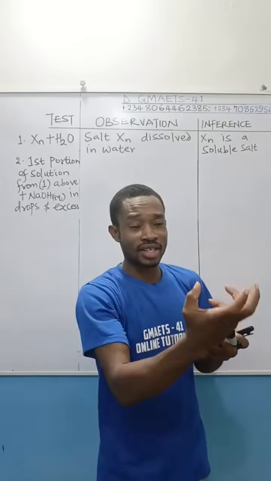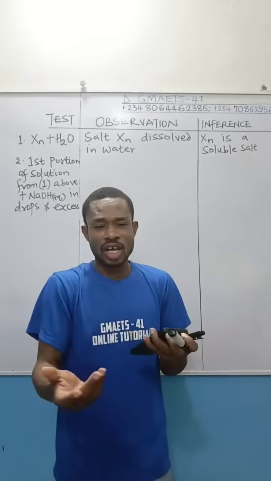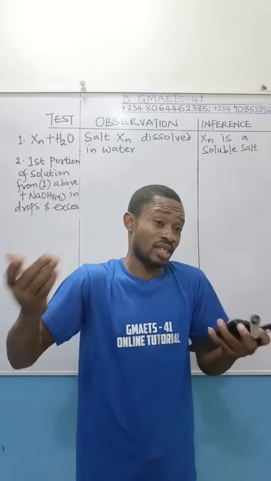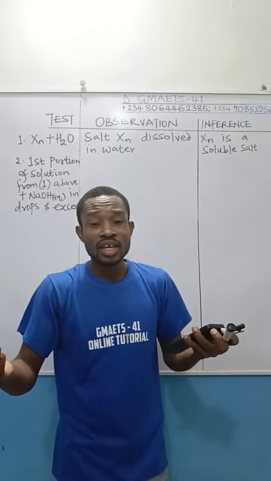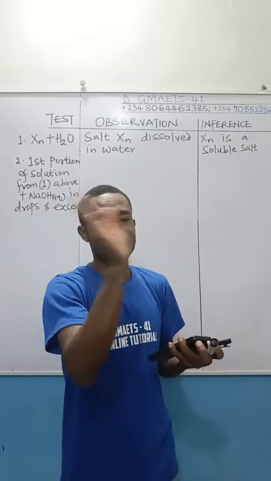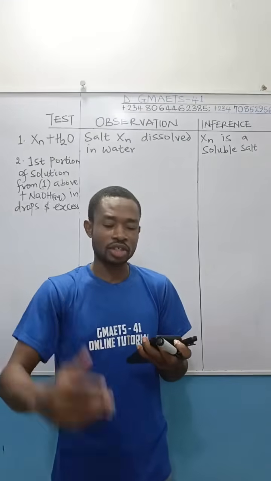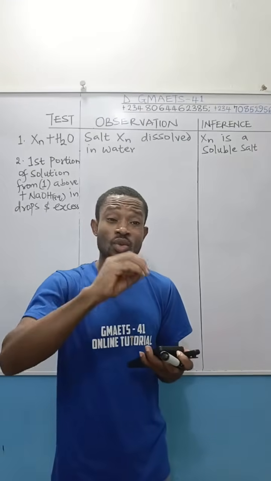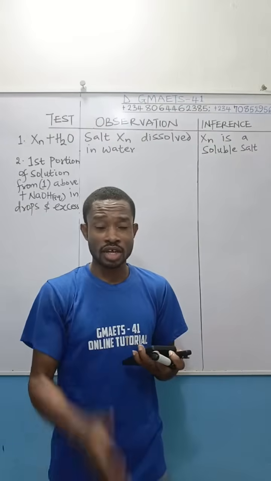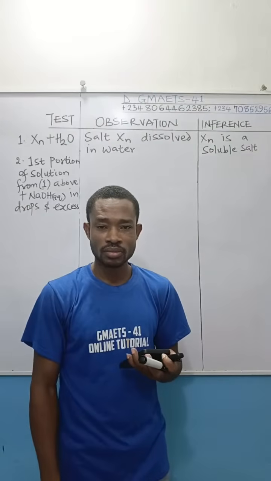Let us assume that the first portion of the solution is colorless, because I'm expecting that this salt is colorless, if it is likely a salt of zinc, lead, aluminum, or calcium. If you dissolve it in water, it's going to give you a colorless solution. Then you divide into 4 portions.